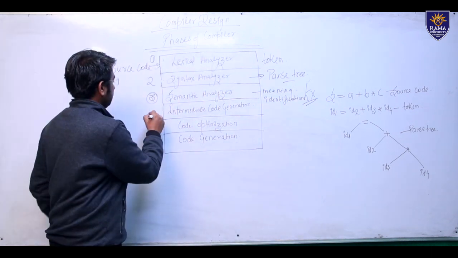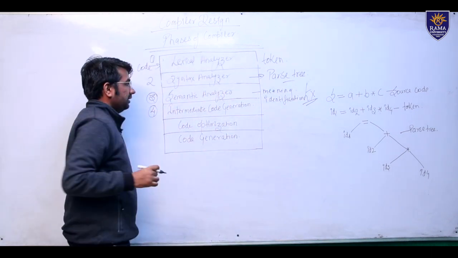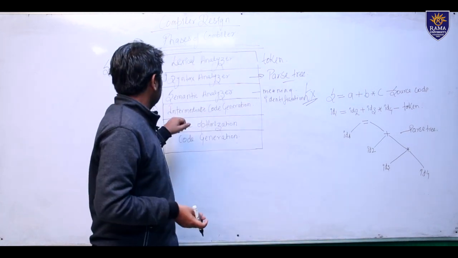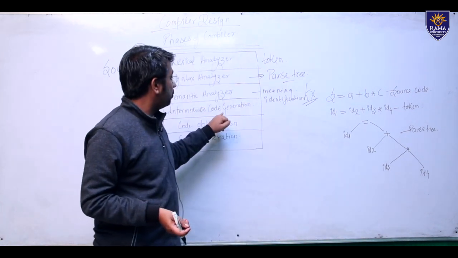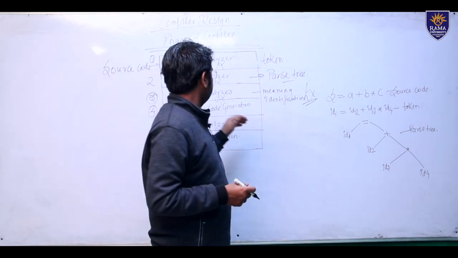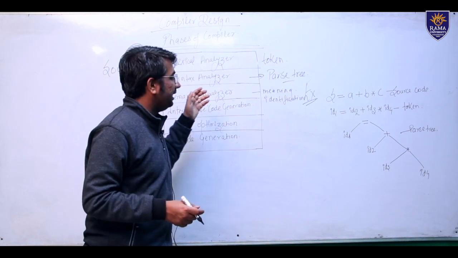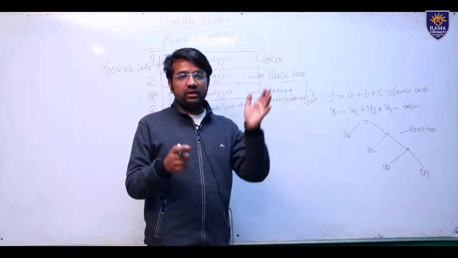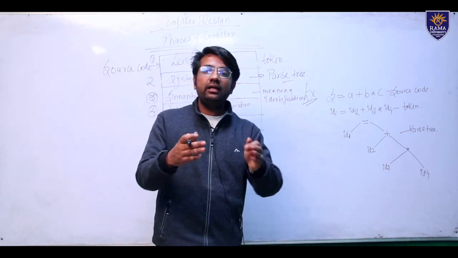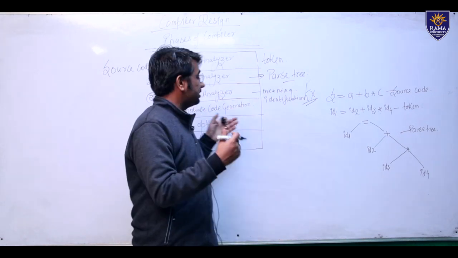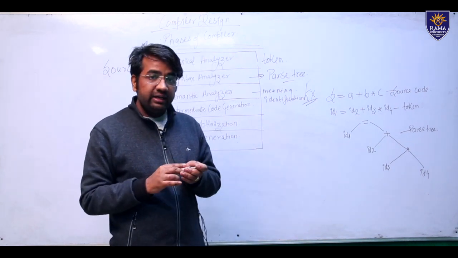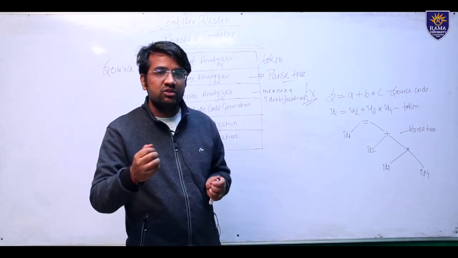In the fourth phase of the compiler, the phase is named intermediate code generation. In the intermediate code generation phase, the data comes from semantic analysis. The source code that comes from the semantic analyzer is converted into the intermediate code, or three address code.